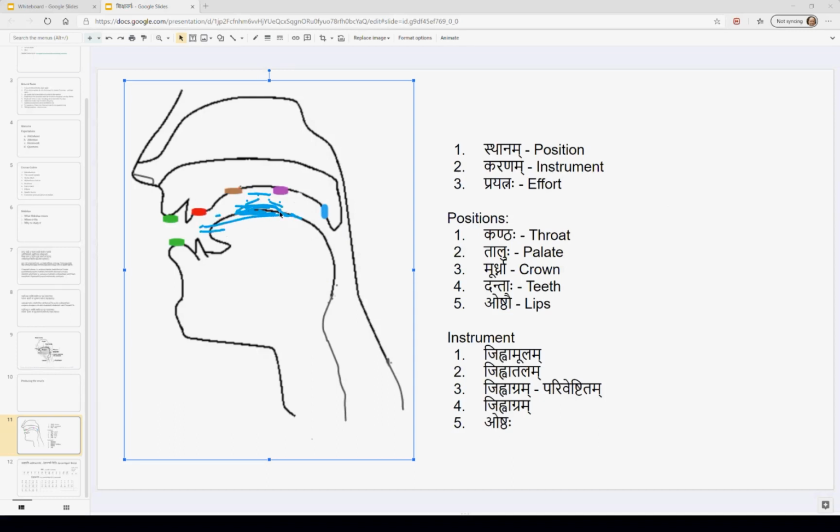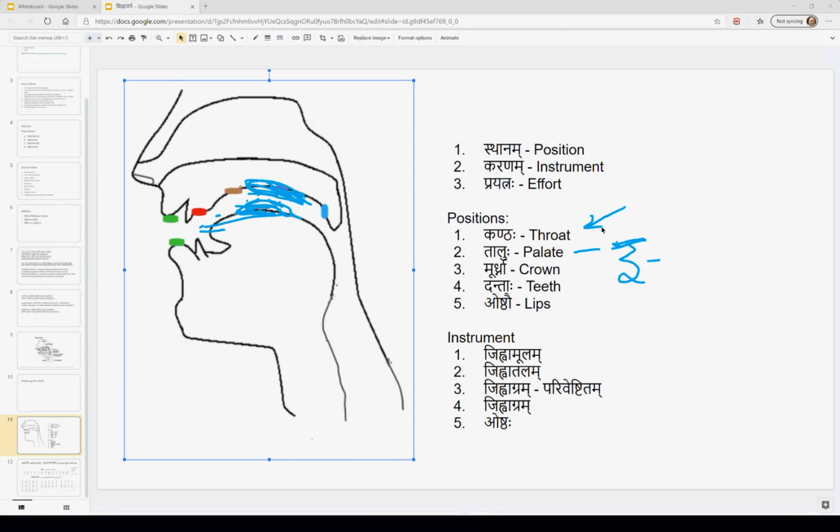That means this top, flat part of the tongue is moving up, but not touching. Moving up towards what? Towards this part, which is known as talu in Sanskrit. So the position of E is called talu.